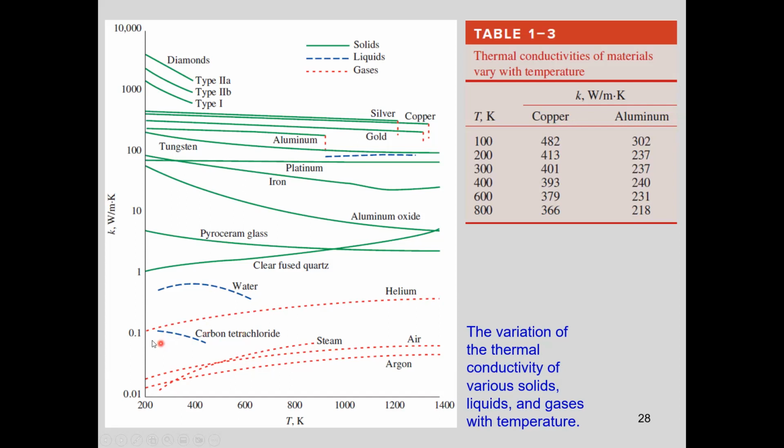For helium, as the temperature increases, thermal conductivity increases. For water, it first increases, then decreases. For iron, silver, and copper, it decreases. So, for gases, usually thermal conductivity increases with temperature. For metals and solids, usually it decreases with temperature.